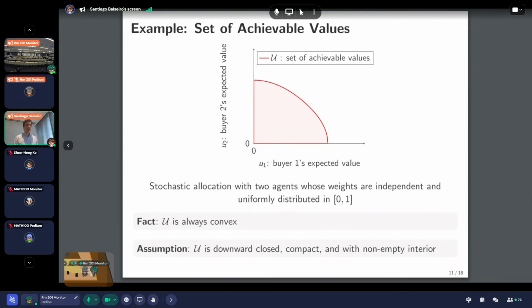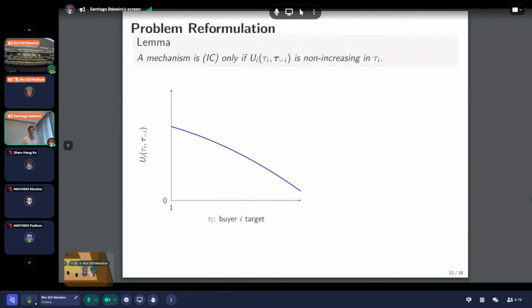So in order to proceed with the reformulation, we need to understand the implications of incentive compatibility. A mechanism is going to be IC only if the expected value is decreasing in the target. So if you look at your target, then the expected value you get from the mechanism should be decreasing. And this is very intuitive. Why?